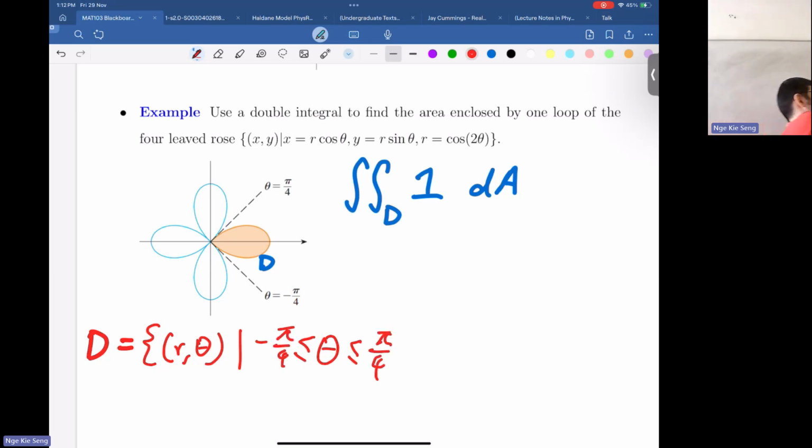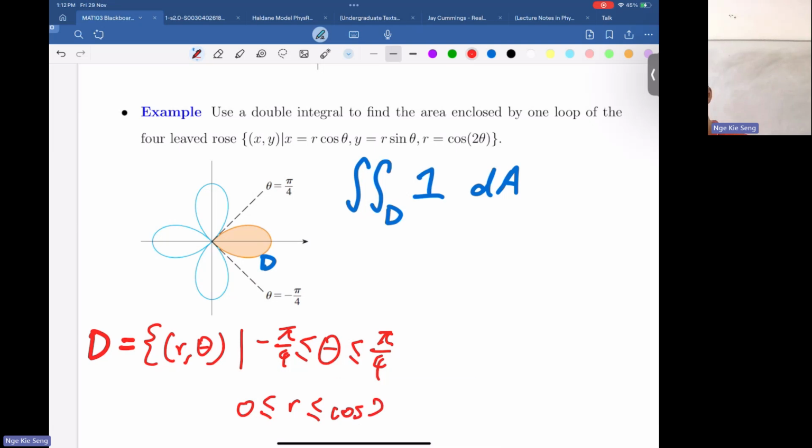But how do you describe this kind of leaf? This is exactly the polar graph. So you take everything from radius 0 and then follow the polar graph here, from 0 up to what's your polar graph in this case, cos 2 theta.